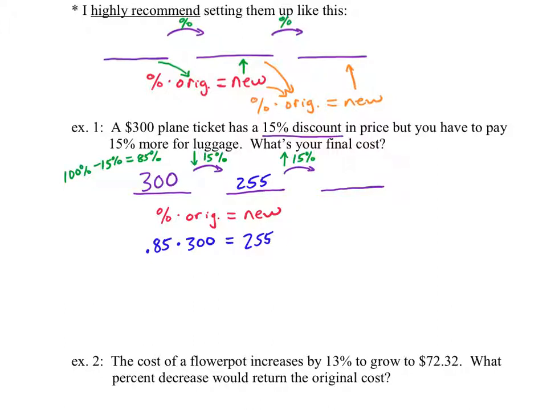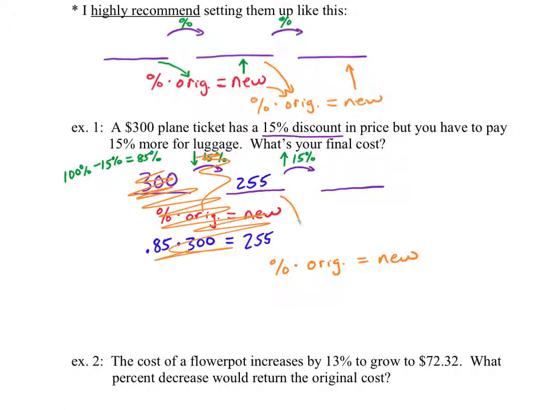Now I do the start of my second problem. So I write out my equation again: percent times the original equals the new. And now it's kind of like you can cover up this whole side of the problem and just look at this second part. I don't know if I'd actually scribble it out if I were you, but this 255 now is my new original.